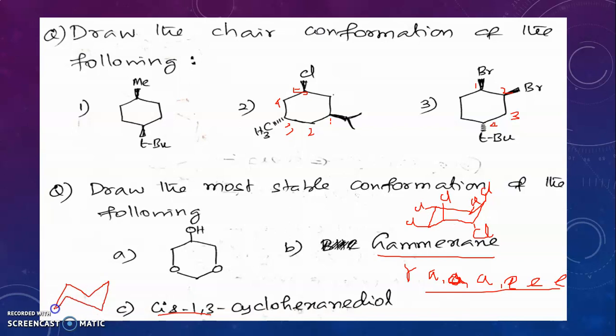Because if we have two hydroxy groups in axial manner, 1,3 diaxial, this is carbon number 1, 2 and 3, and they are in close proximity, there will be intramolecular hydrogen bonding. This stabilizes this conformation. Therefore, diaxial cis is the most stable conformation for cyclohexanediol. Are you clear? So these are the few questions I wanted to discuss with you.